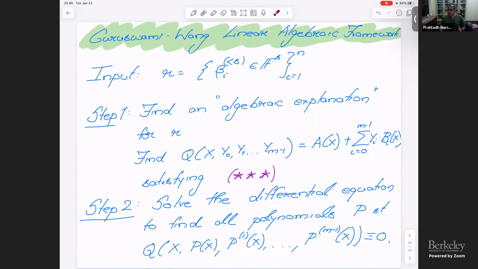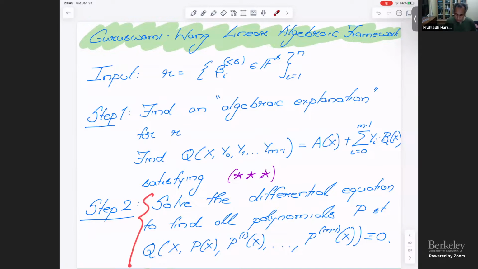But the way to solve them is exactly the same, similar to factorization. You first write this equation mod x, find the constant term, then go mod x squared, and so on, writing down what P should be. You'll get a bunch of linear equations and you have to solve the system. In fact, if you write it carefully, it will be an upper triangular system and extremely easy to solve.